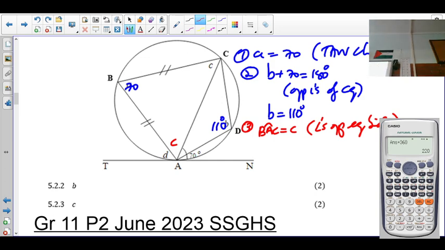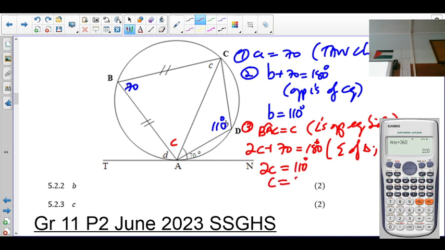Okay? So we've got 2C plus 70 equals 180. Why? Sum of angles in a triangle. This is triangle BCA. So 2C is going to give you an angle of 110.